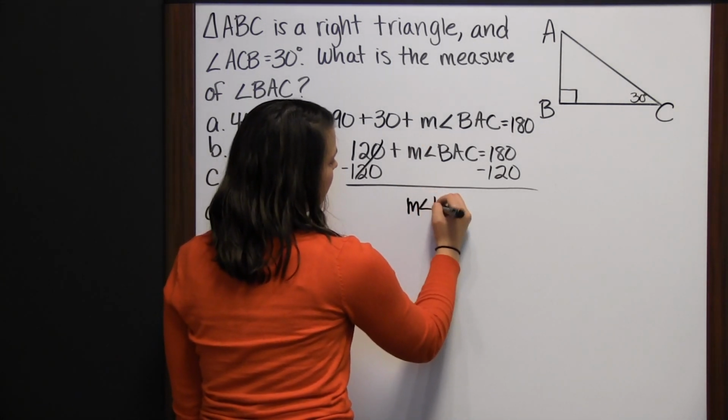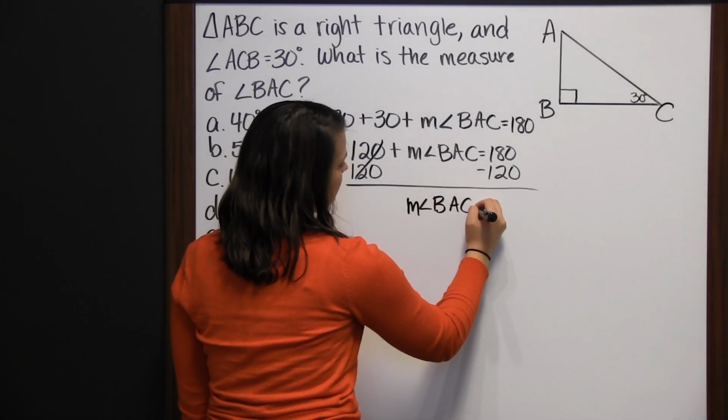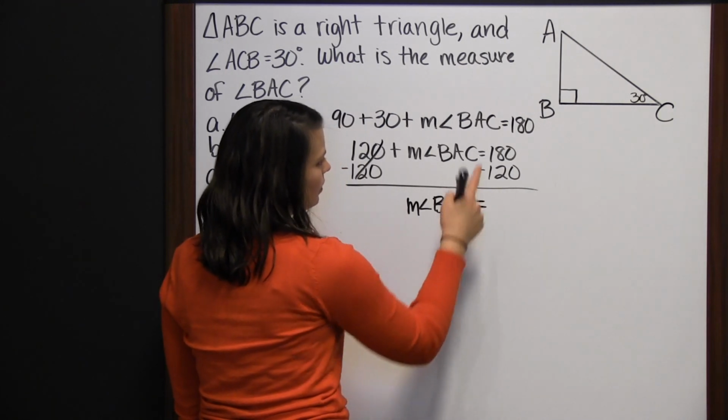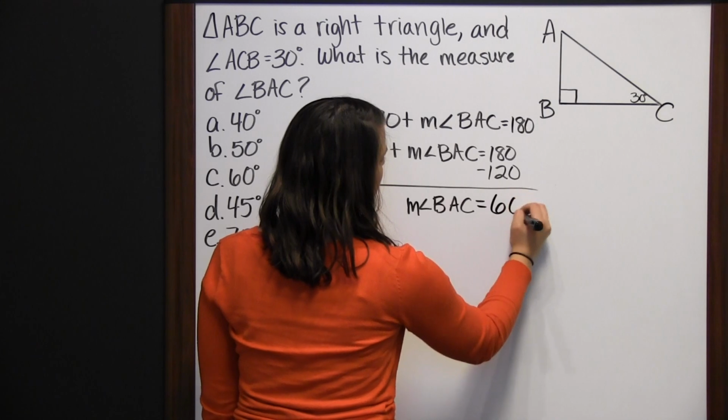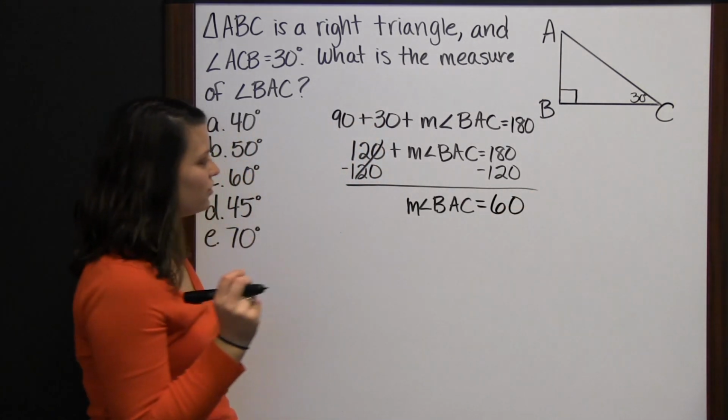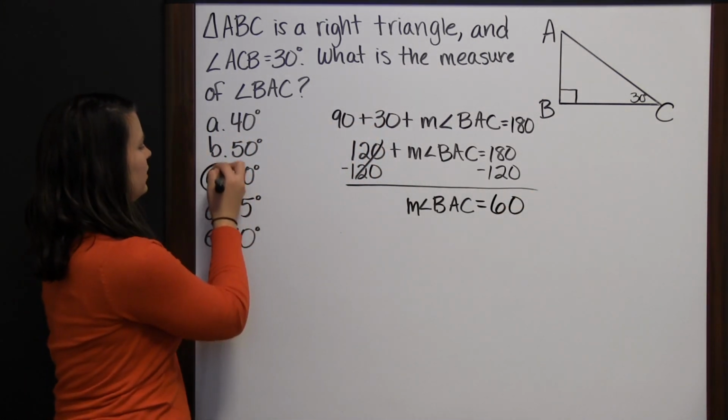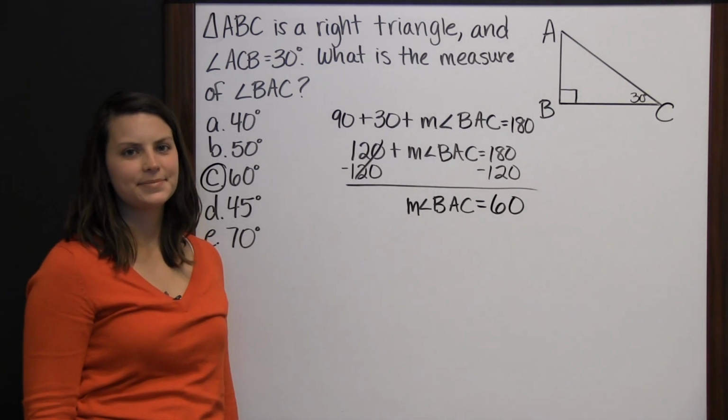Bring down the measure of angle BAC equals 180 minus 120 is 60. So that means the measure of angle BAC is 60 degrees.